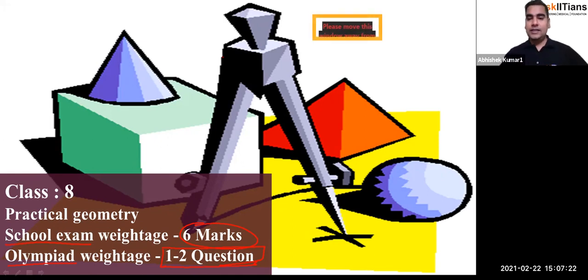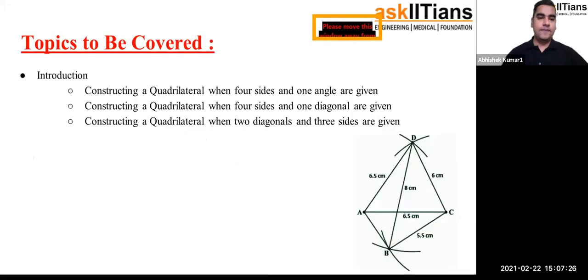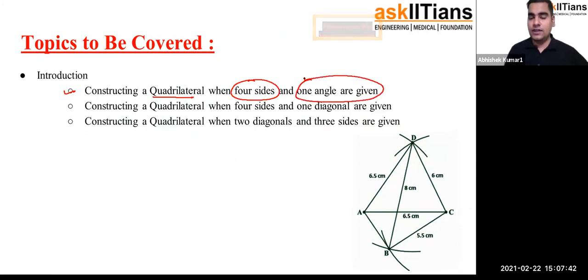So let's see which topics we are going to cover in today's session. We have three topics. We are going to learn how to construct a quadrilateral when you are provided the four sides and any one angle of the given quadrilateral.